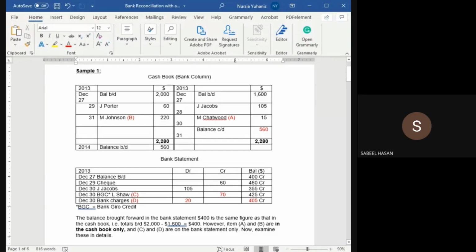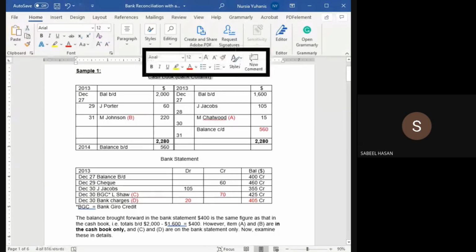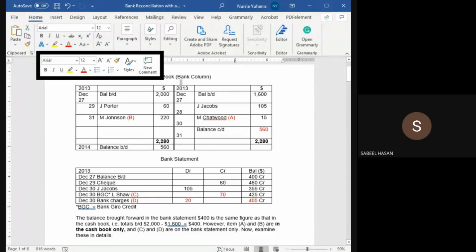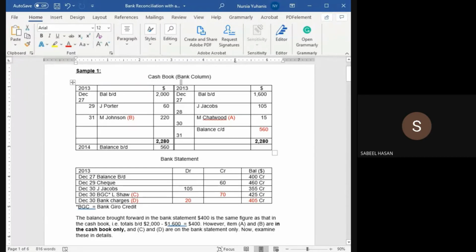Okay, so now you want to compare which items are available in the cash book but not in your bank statement, and which items are available in your bank statement but not in your cash book. So let's go to your cash book account. Okay, this is your cash book. When you want to compare, this is your debit side.